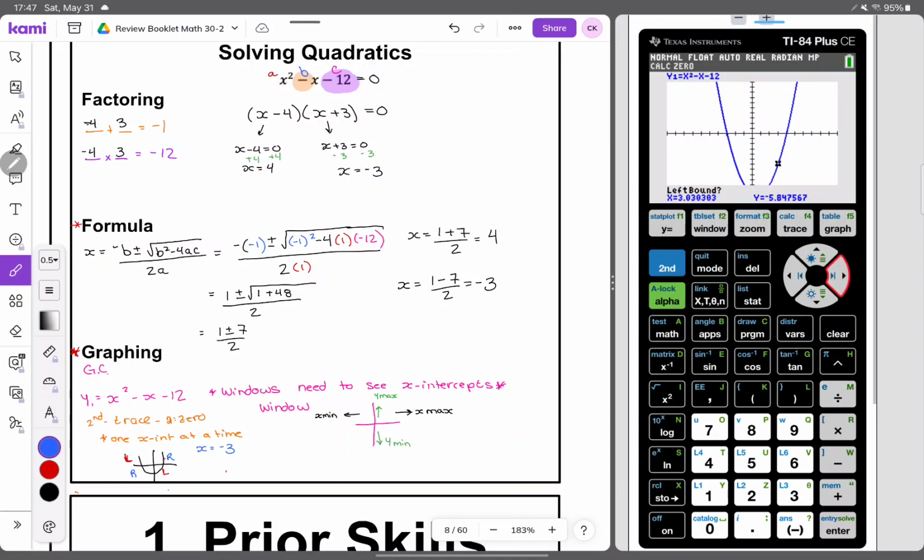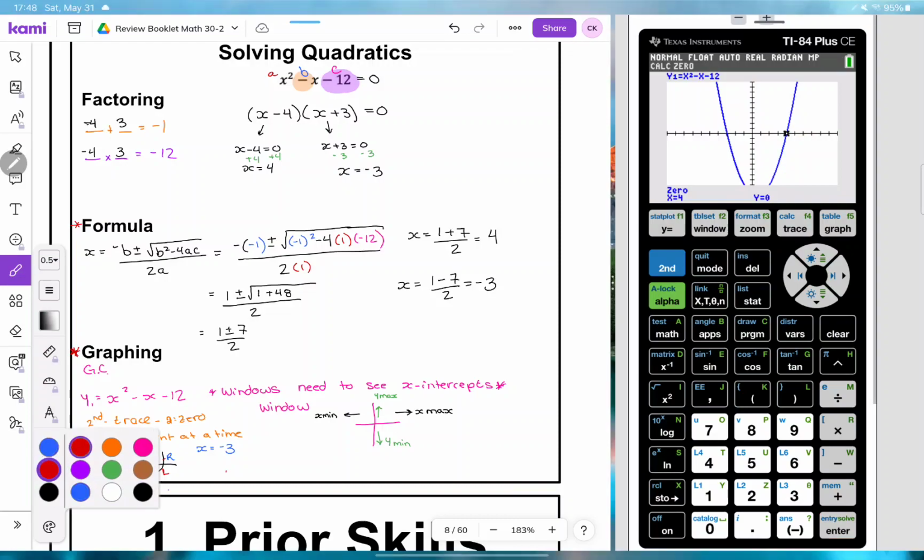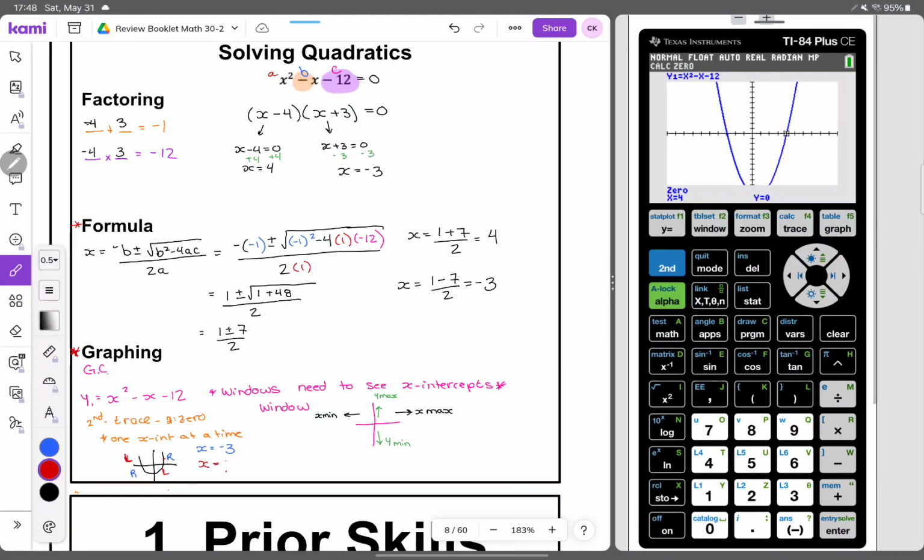So I could be here, here, or up here, as long as my cursor is to the left of that x-intercept. So I just have to go to the right, so there is fine. I can hit enter, make sure my x-intercept is between those two arrows. It is. Hit enter, and we get our other guy that says that x equals 4.